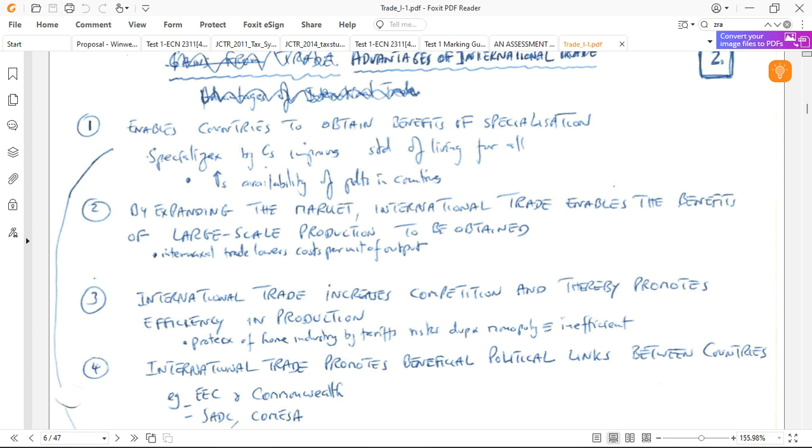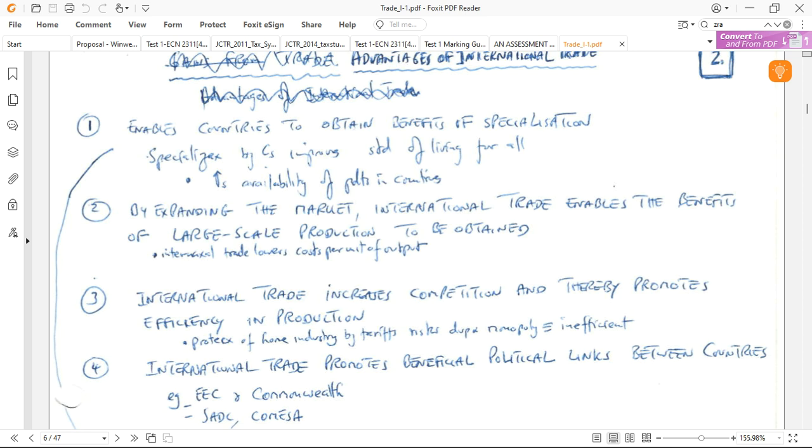Here's the situation where, for instance, let us assume that Zambia has diamond. Do we have diamond in Zambia? I doubt it. We don't have gold. So let's say we are assuming that we have diamond, and for us to mine it, refine it and sell it is quite expensive on our side, right?